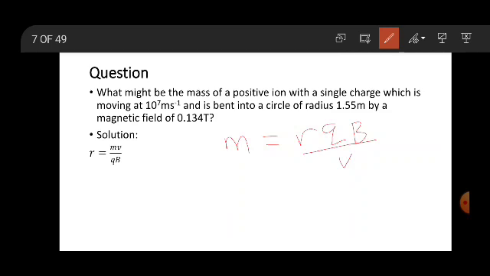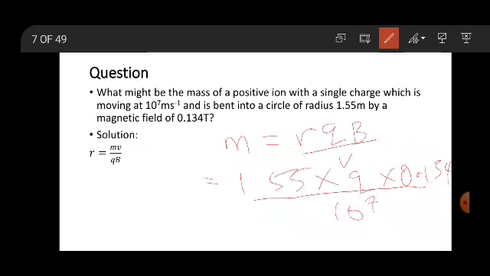Making m the subject of the formula will mean rQB all over v. So that will be equal to r, which is the radius, 1.55. The Q, which is charge, is not given, so we'll just leave it as Q. Your B is 0.134, divided by your v, which is the velocity, 10 raised to the power 7. Because Q is not given, there is nothing we can do about that.